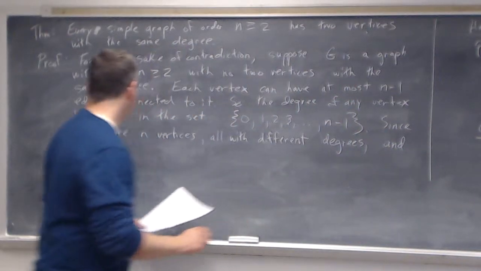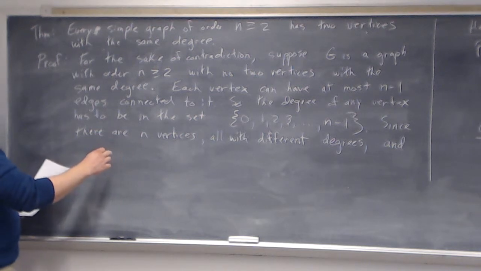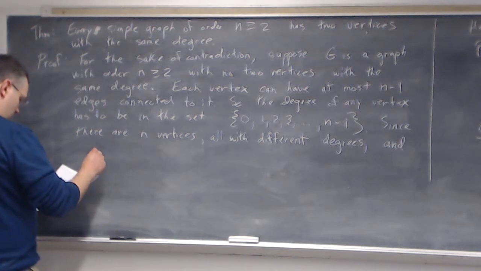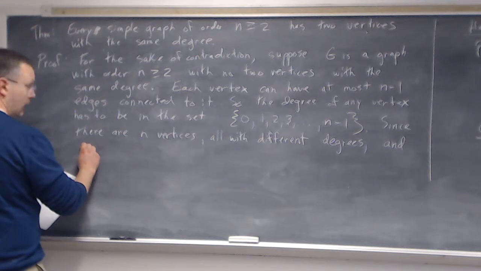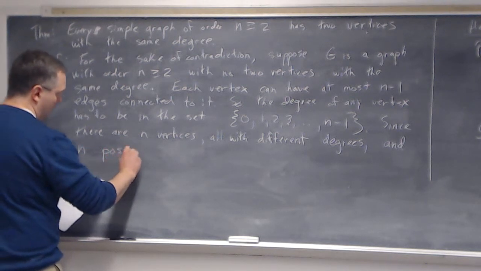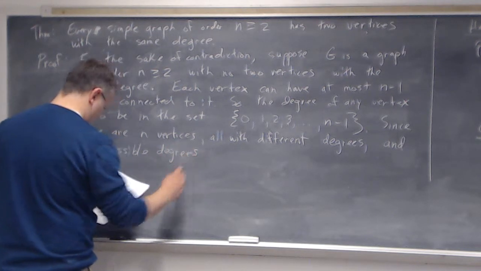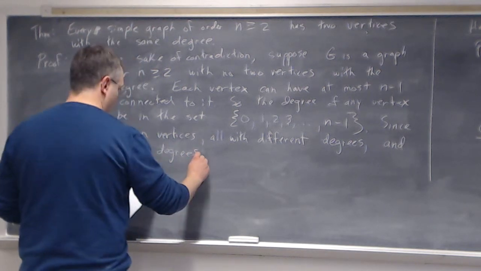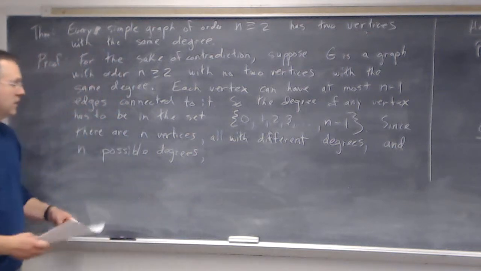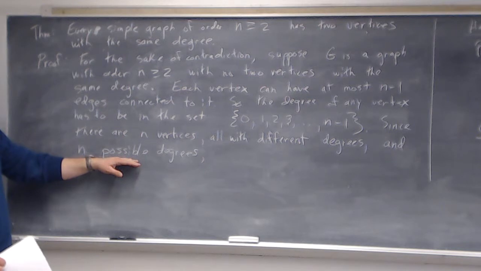So there's n vertices, all with different degrees, and only n possible degrees. Okay, makes sense? There's n vertices, they all have different degrees, but there's only n possible degrees.